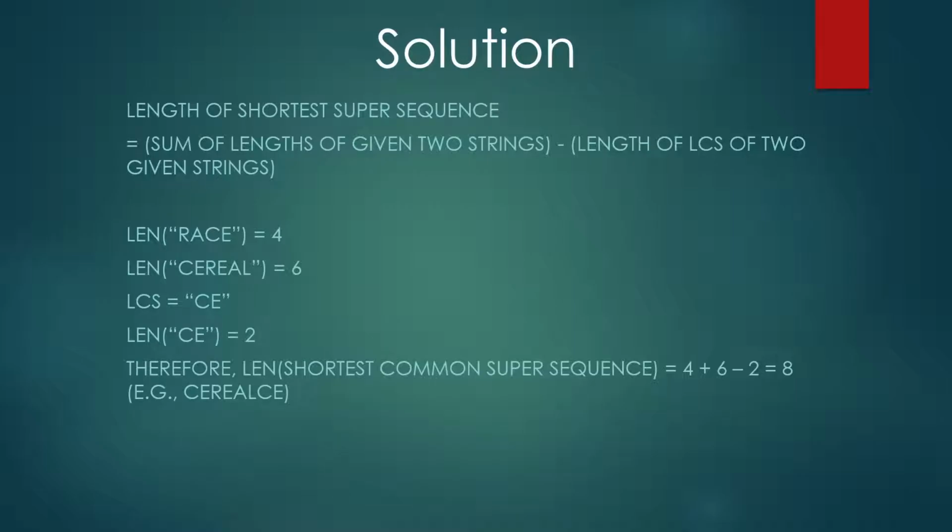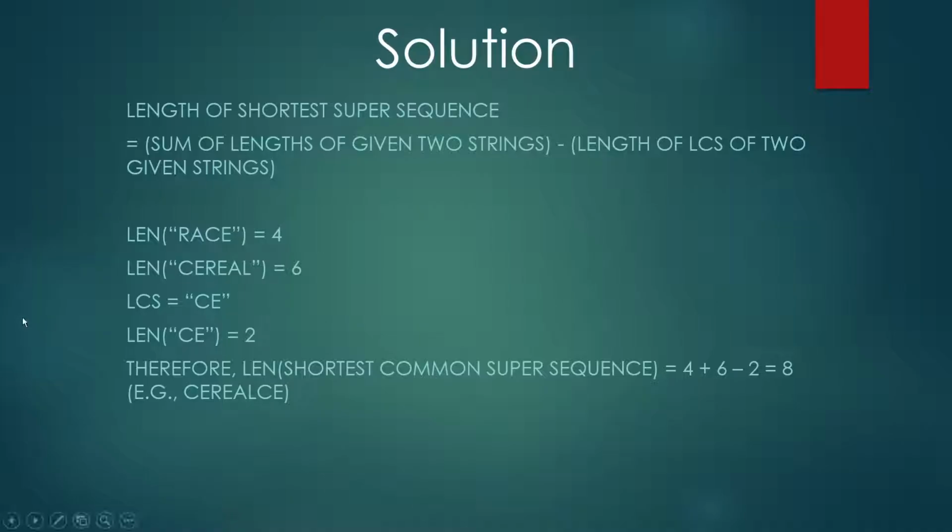Now for the solution. If we want to only find the length of the shortest common supersequence, then there is a formula for that. Length of the shortest supersequence is equal to the sum of lengths of the given two strings minus the length of the LCS of the two given strings.